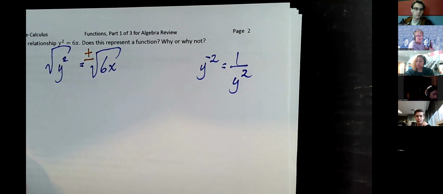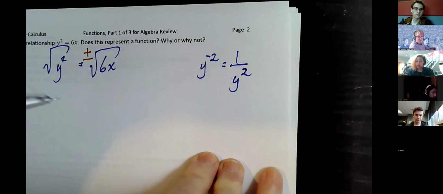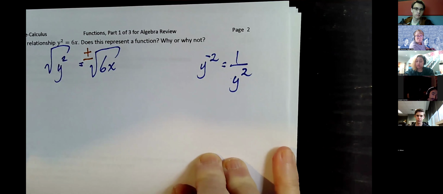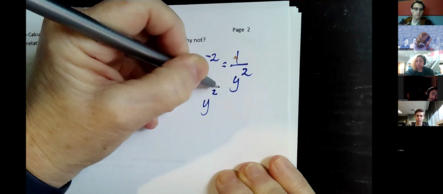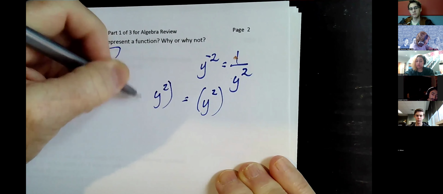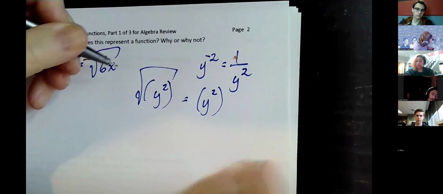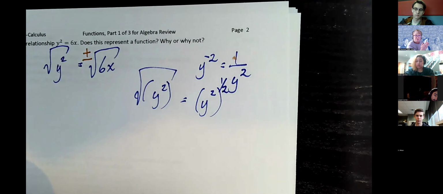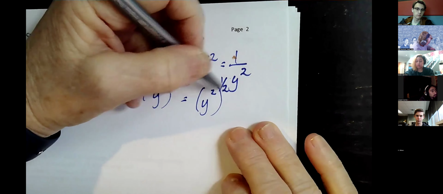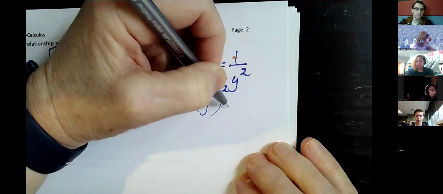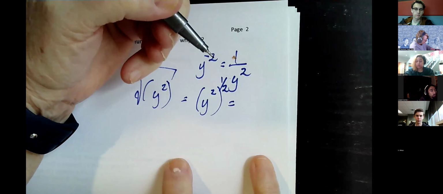And whole number exponents, those are powers. So how would we do a root? Isn't it a fraction? Like a half? That's right. Exactly right. If we have y squared and we're doing the square root, that's the same as y squared to the 1/2. And do you remember with properties of exponents, you multiply if you have an exponent raised to an exponent. So what is 2 times 1/2?